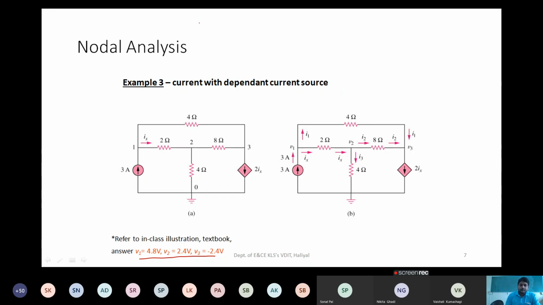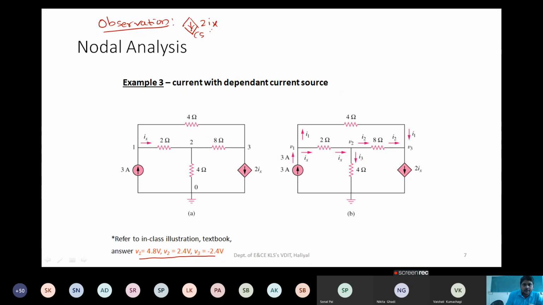Now see, whenever you get any dependent source like this, first you make a note of that dependent source. According to the observation here, we have a current controlled current source.